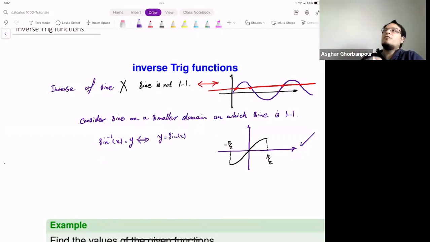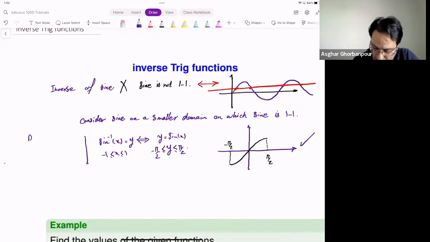It looks for an angle whose sine is given. So here x must be between -1 and 1, and here y must be in the 1-to-1 domain, the convention that we fix here. In other words, the domain of sine inverse is from -1 to 1.